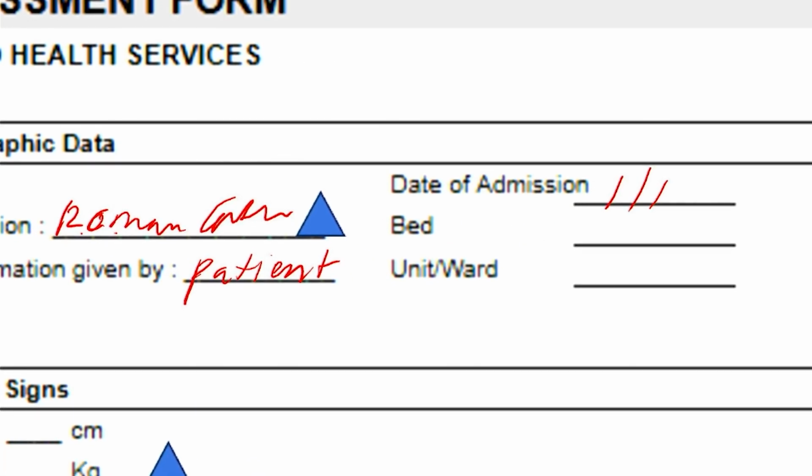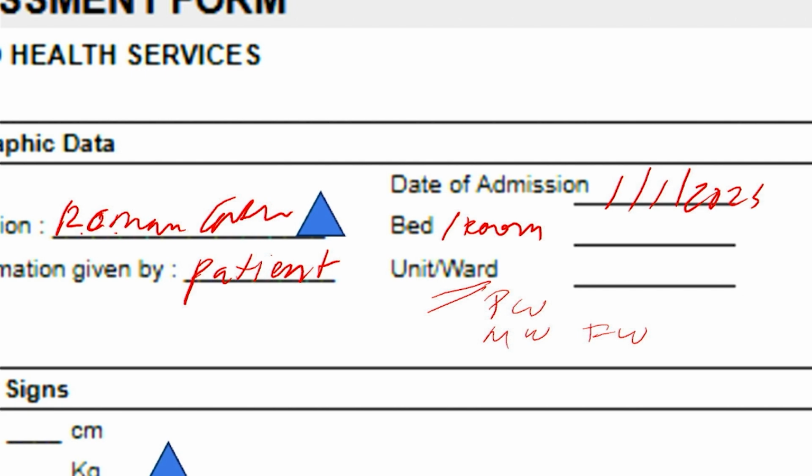We'll just put here some sample. Then the bed and the unit ward. If this is private, the bed can also be considered as a room. For example, if it's a private room 102, then you can just put 102. But in a ward setting, there are different types of ward. There is a pedio ward, a male ward, and a female ward.